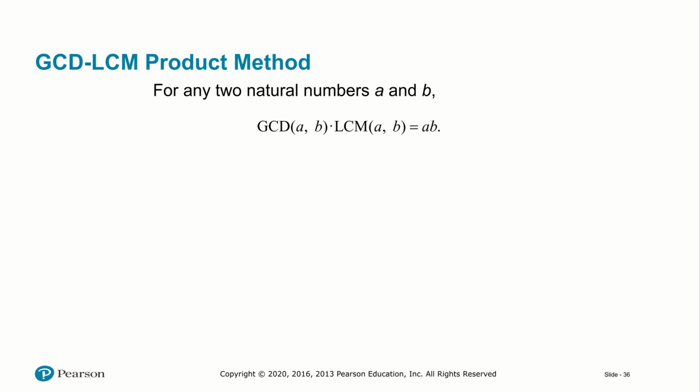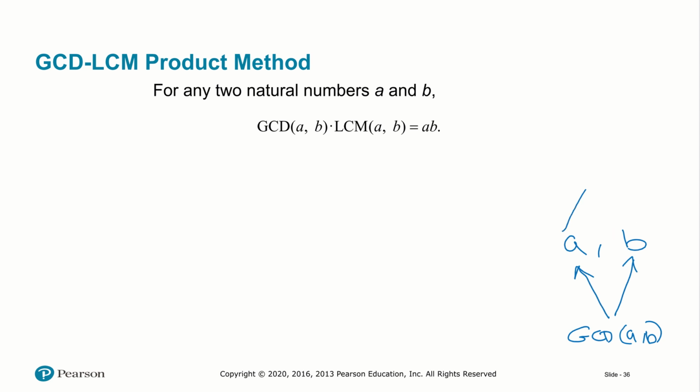All right, so we've already learned about a nice connection between GCD and LCM of two numbers A and B. Remember, you have A and B. GCD is actually the largest number that goes into both of them. And the LCM is the smallest number that they both go into.